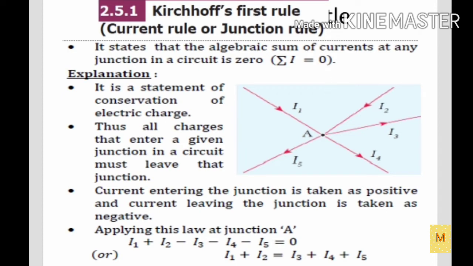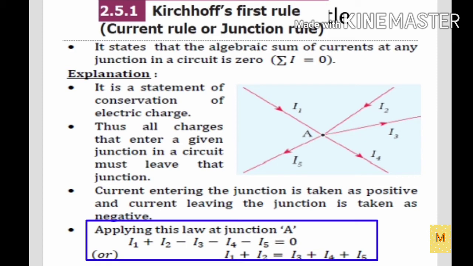So look at the direction of the current. If the current is pointing towards the junction, that current must be represented with plus. If the current is acting away from the junction, the current must be represented with the symbol minus. So we can write the law for this junction A as follows. Look at the picture: the directions of the currents I1 and I2 are towards the junction A, so we have to write I1 and I2 with plus.